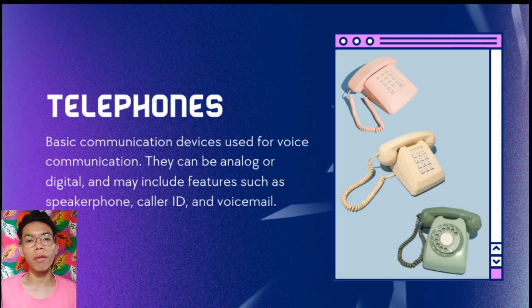The integration of advanced features such as touch screens, cameras, and internet connectivity has transformed telephones into multifunctional communication devices. Key components within telephones include microphones, speakers, and circuitry for signal processing.